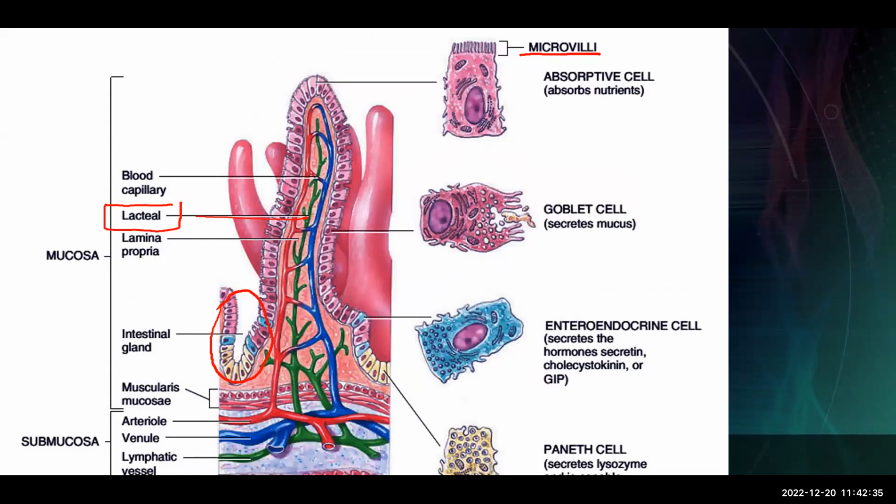Mucus producing cells, most are adapted for absorption, and enzyme secretion cells and hormone secretion cells.